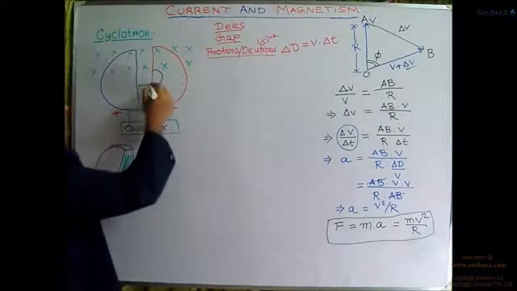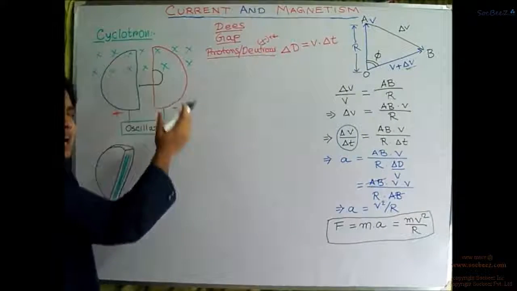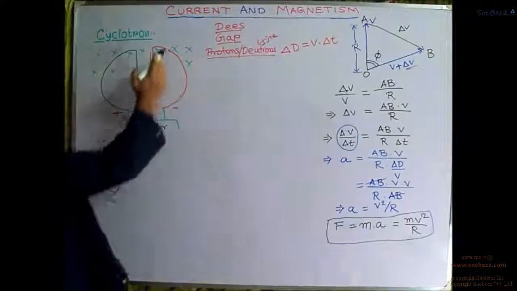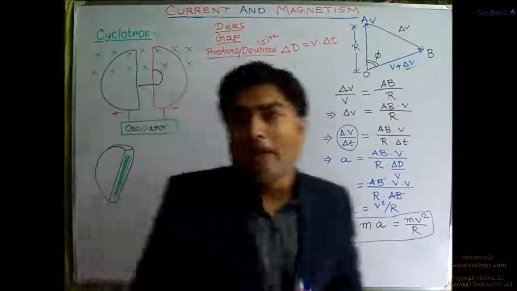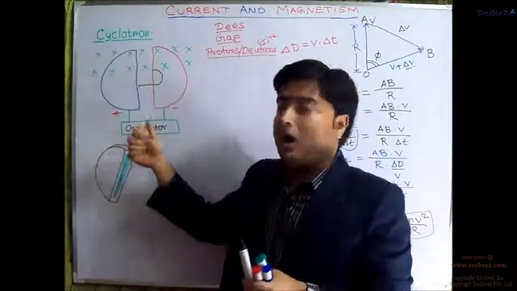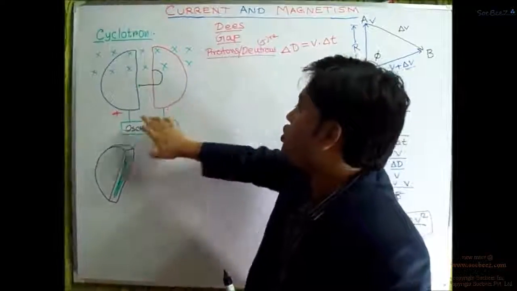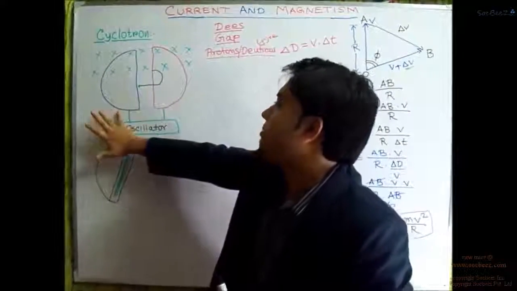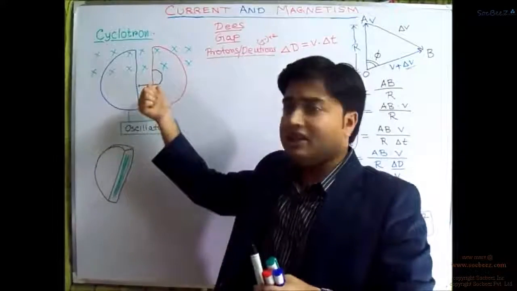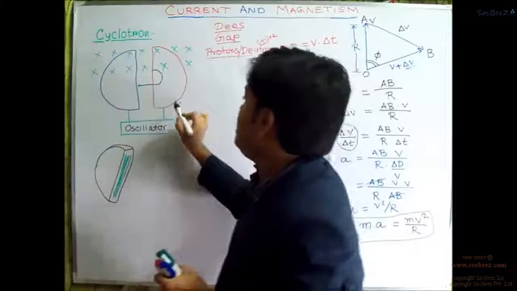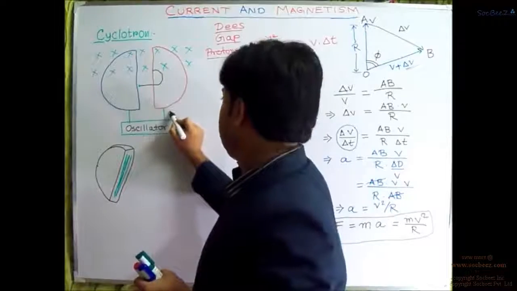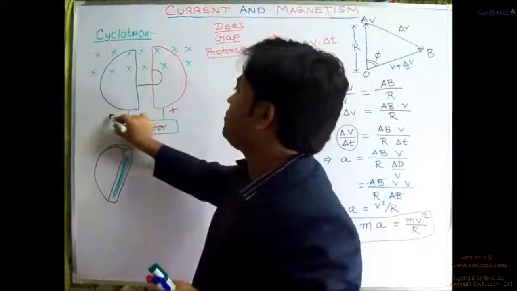And whenever they come just at the end of the D so as to come outside, this oscillator will reverse the polarity. Previously this was positive and this was negative. Now this will be positive and this will be negative.